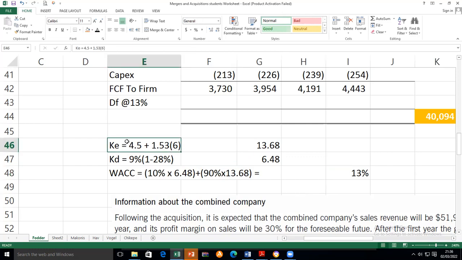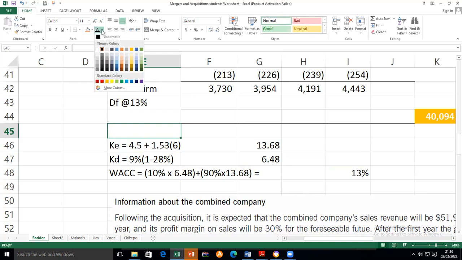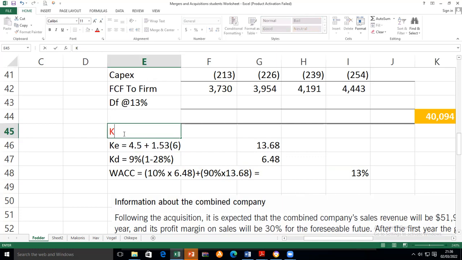Cost of equity. Now, some of you say, Mr. Perry, please remind us a little bit on how we calculate the cost of equity using CAPM. So cost of equity equals risk-free plus the beta times market return minus risk-free.